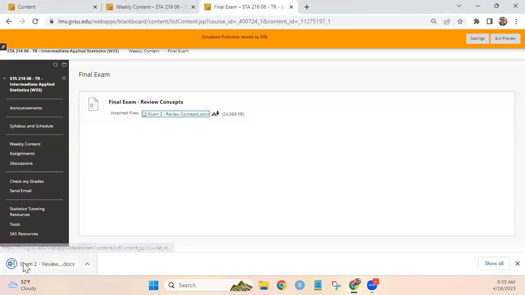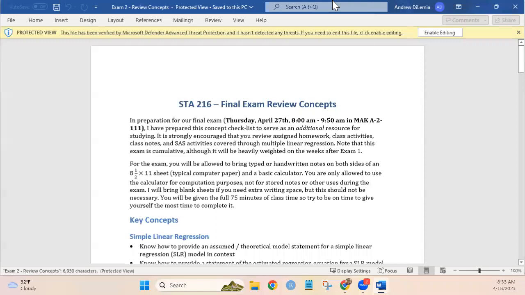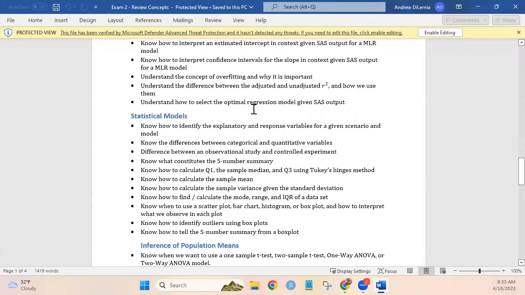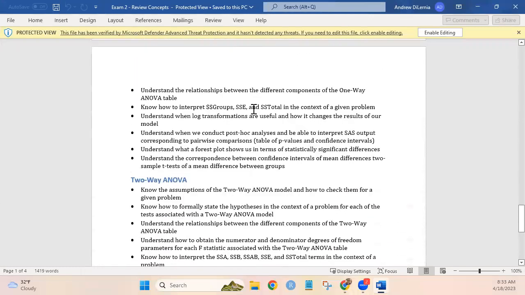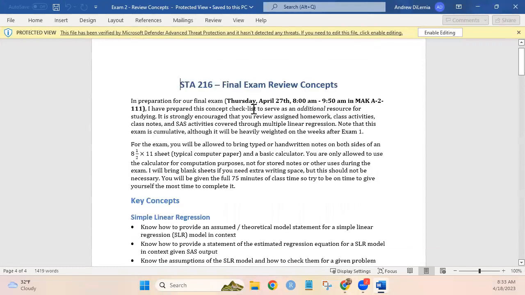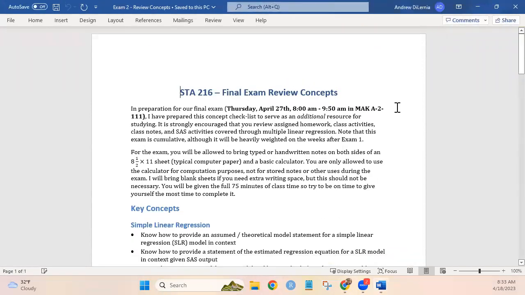So there's not practice questions, but this is a list of topics as a checklist for you to go through, for each of the different areas we've covered so far. My suggestion for reviewing for the exam would be to go over the homeworks.